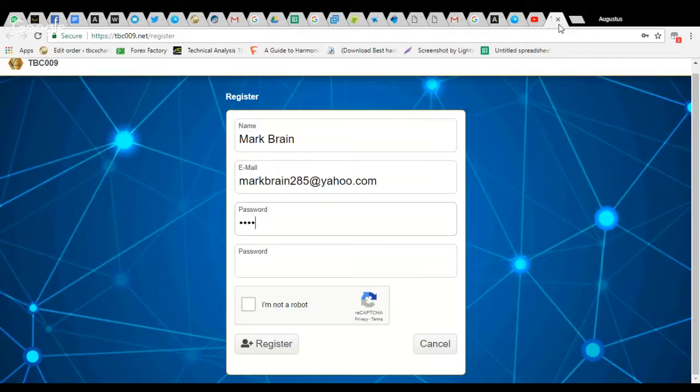Still have the same issue here again with the captcha. Still having issues. Wow.